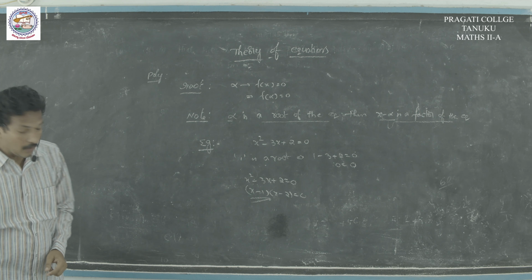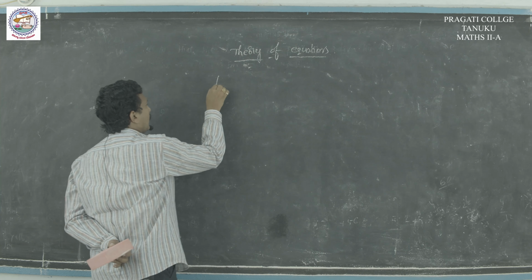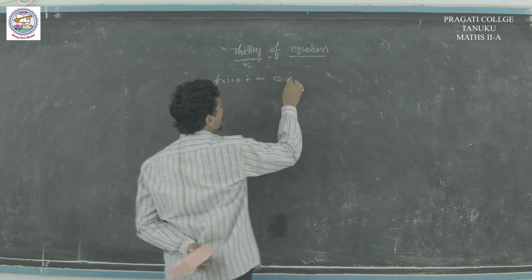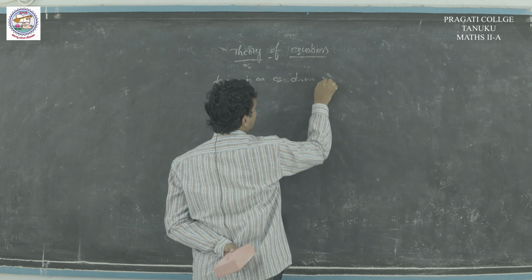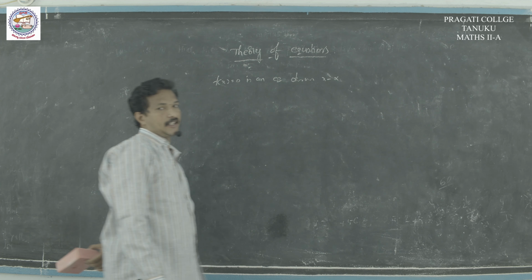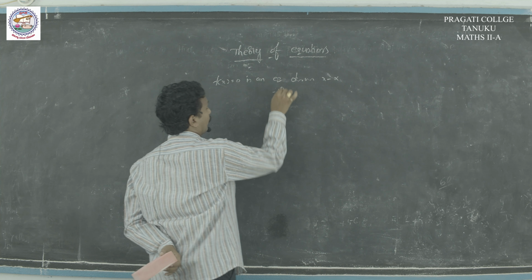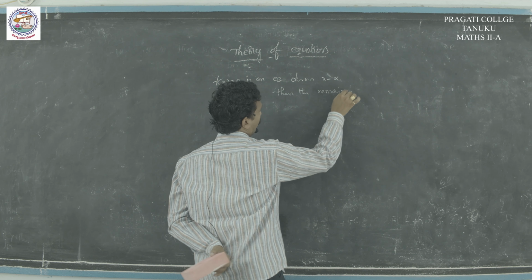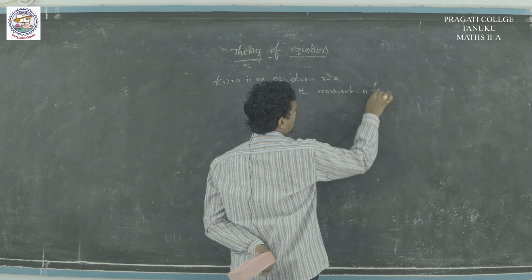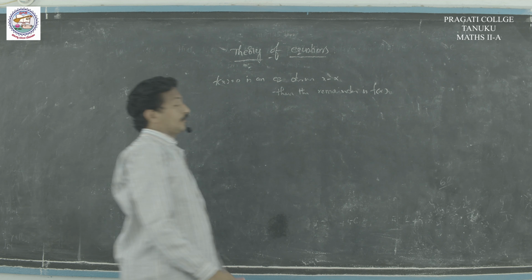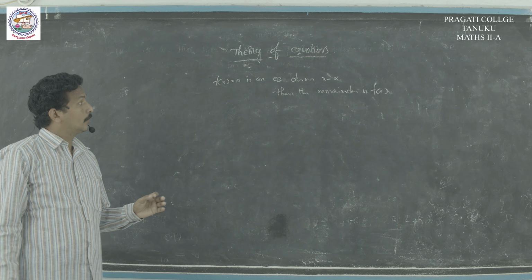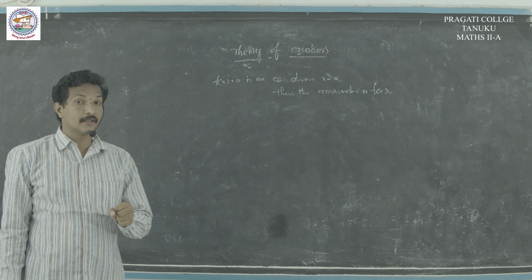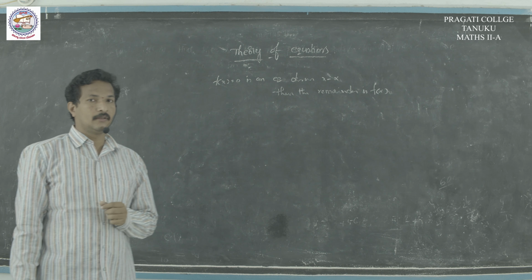Suppose f of x equal to 0 is an equation, dividing with x minus alpha, then the remainder is f of alpha.